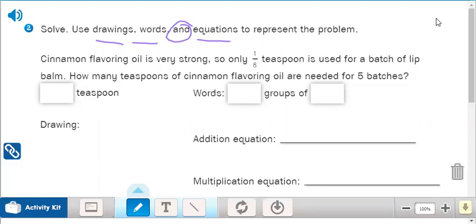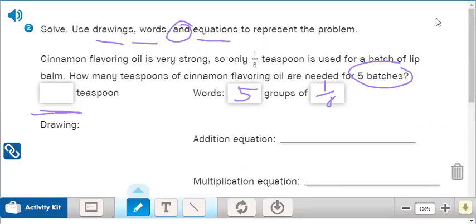Okay, so it tells us we do not know this answer yet. This is the one we're trying to figure out. So it tells us 5 batches here. So groups of, so we have 5 groups of 1/8 teaspoon of cinnamon flavoring.